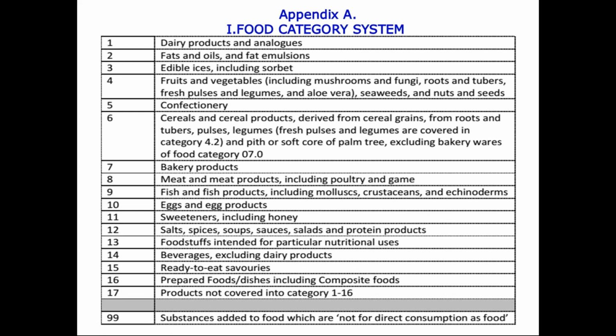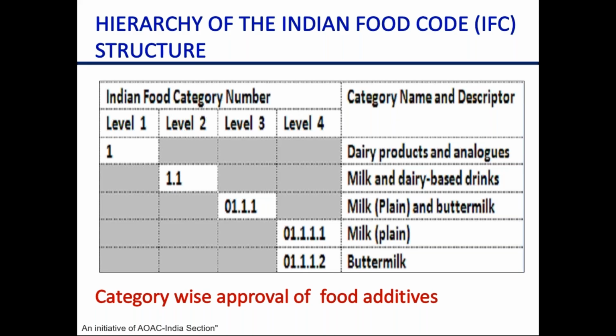We have gone through this, but just to have a recap, the hierarchy of the Indian food structure is just like how you had for the food product codes. You have different levels. So you see dairy products and analogs are at level 1. Milk and dairy based drinks are 1.1. Buttermilk is 1.1.1. Milk plain is 1.1.1, and so on.